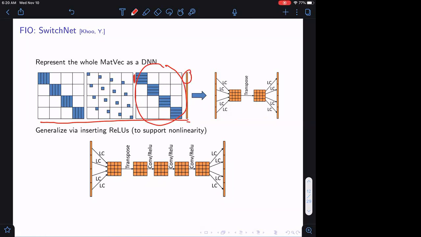So you turn a size n vector into a size n by square root of n block. In neural network language, in software language, it turns this into a signal of length n but with square root of n channels. So this is the first step.